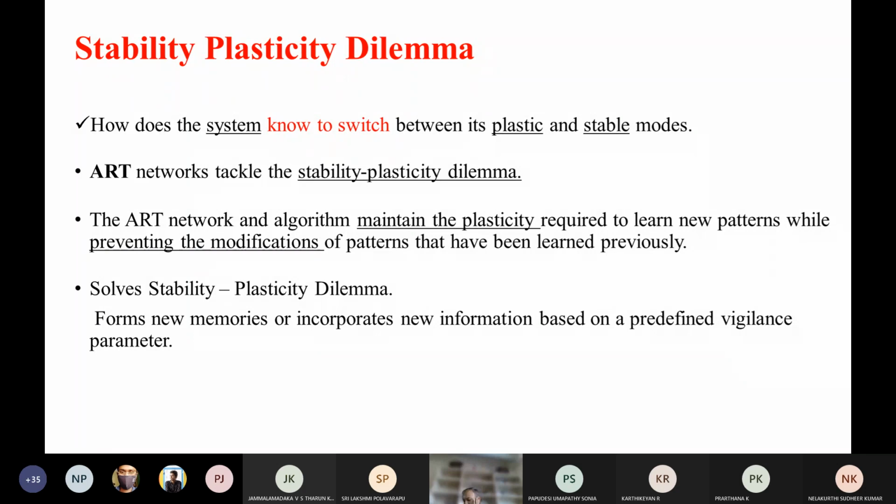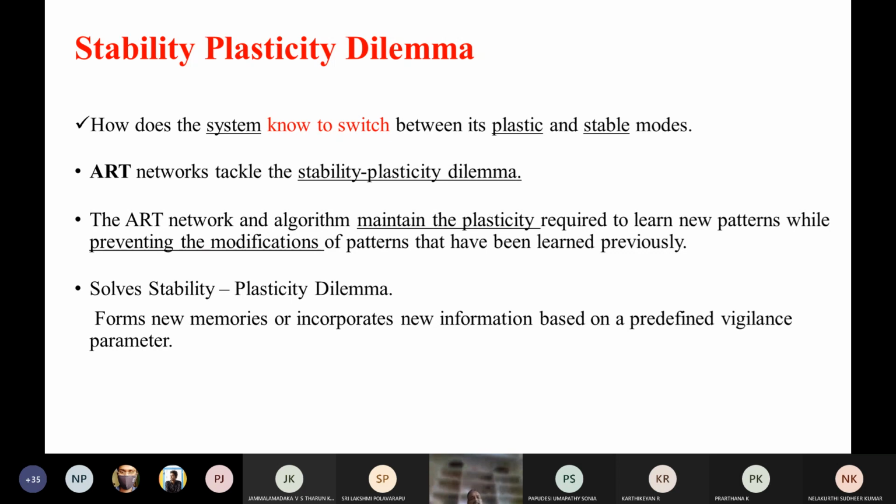The predefined vigilance parameter is nothing but whether this information is needed or not, whether this particular data is needed or not, whether this particular parameter value is needed or not, whether these steps or procedures are needed or not.